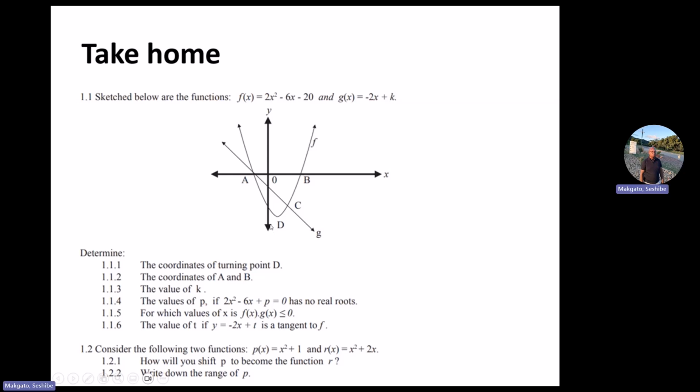If you want to find the y-intercept of this, this is x squared minus 3x minus 10. So that means your y-intercept on this quadratic equation will be minus 10 here, and then your linear, this one, will be equal to y equals minus 2x plus k, but your k in this instance will be equal to your y-intercept.